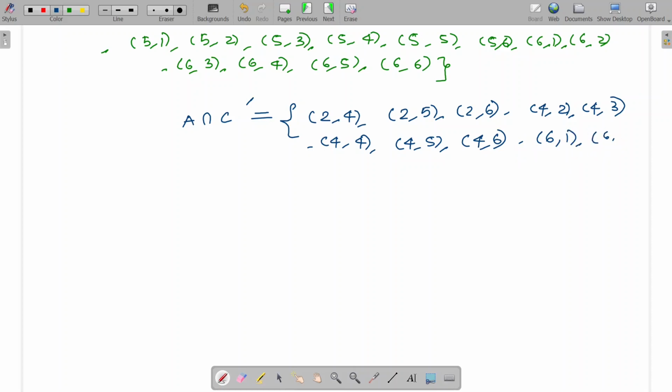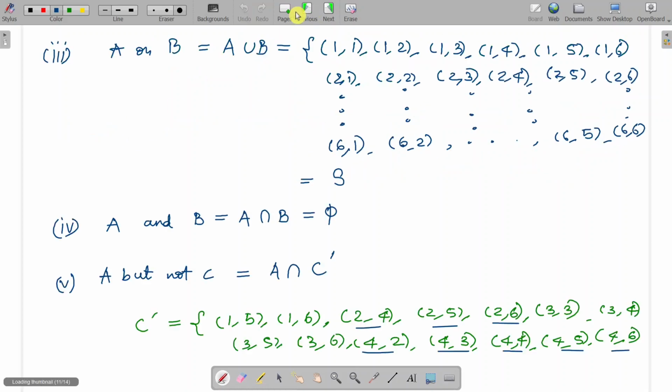First number is even. 6 comma 2, 6 comma 3, 6 comma 4, 6 comma 5, 6 comma 6. So this is A intersection C complement, which is A but not C. Okay, so that is about the fifth question.